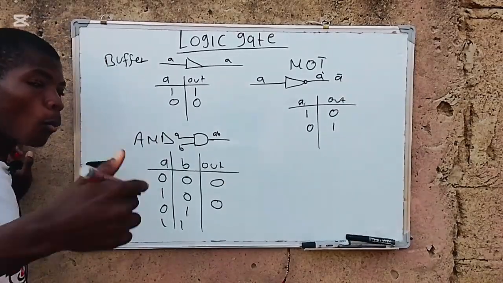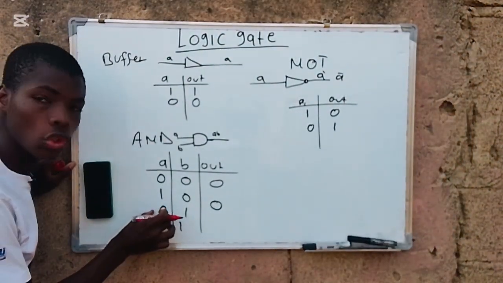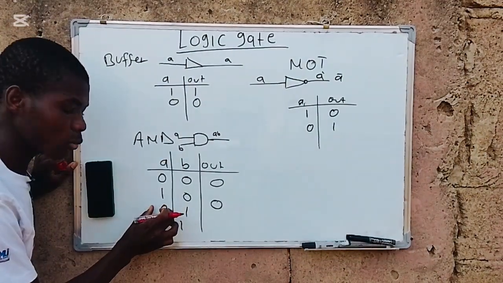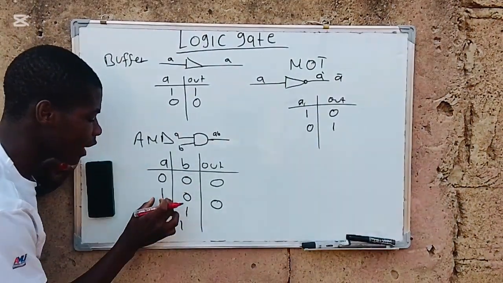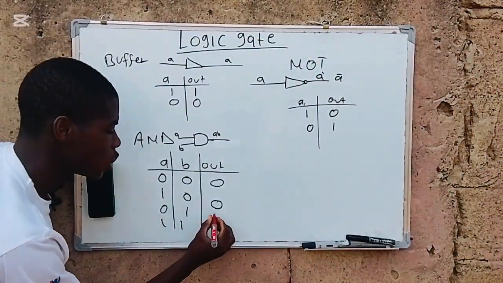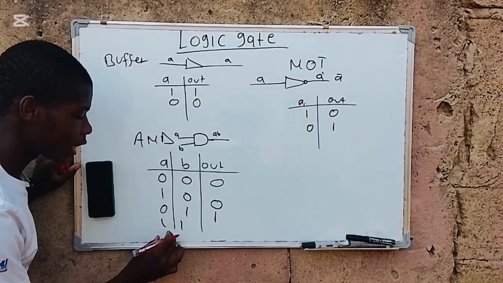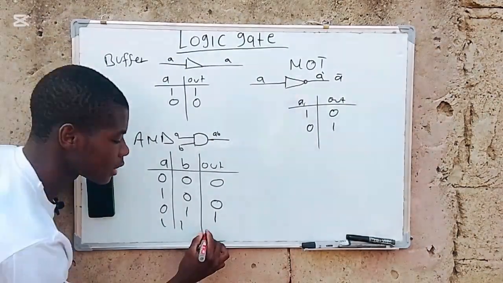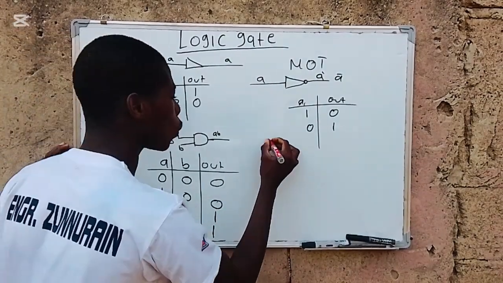The output is 1 if and only if both A and B are 1. So whenever A and B are both 1, the output becomes 1.